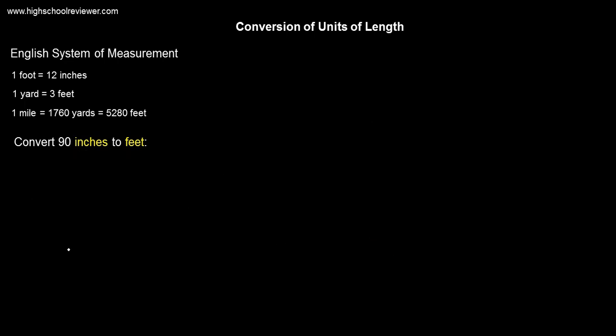Let us now convert 90 inches to feet. Okay. We have here 90 inches. And we will multiply this by the equivalent of inches to feet. And we are going to use this: 1 foot equals 12 inches. This will be a fraction.